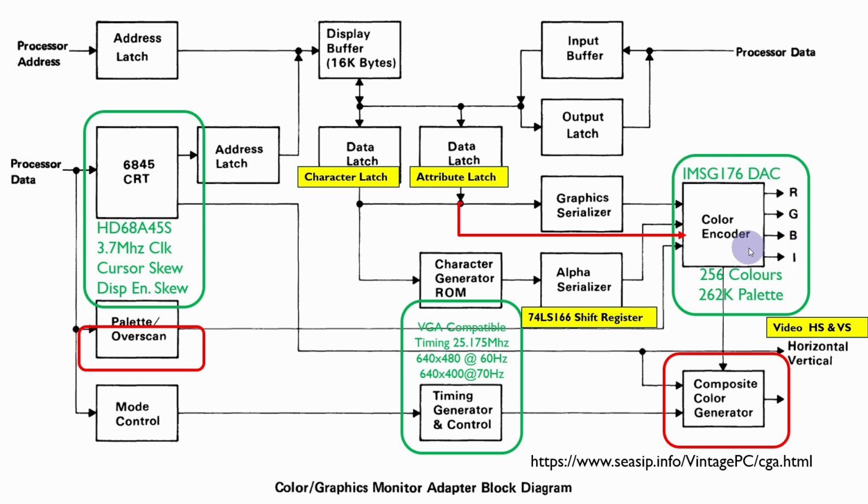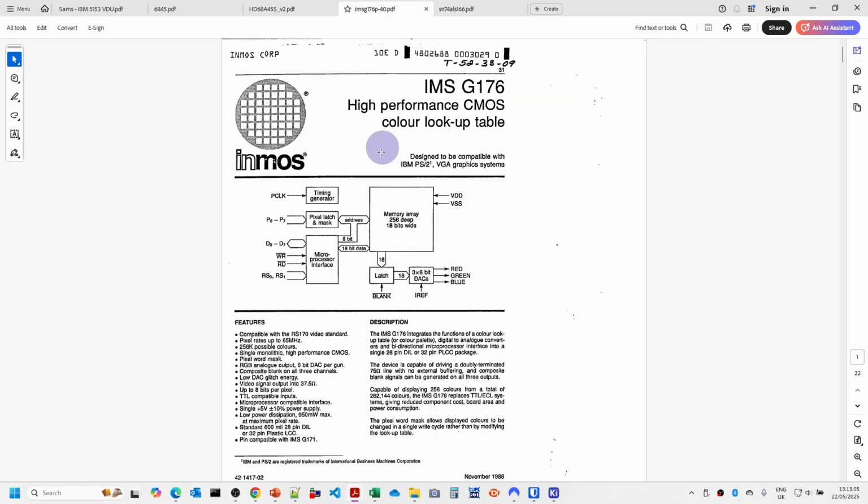And so for that, what we're using is a video digital analog converter. This IMS video DAC allows us to set up 256 values for the red, green, blue values, and then based on 0 to 255 coming in here, it will actually output the red, green, blue values.